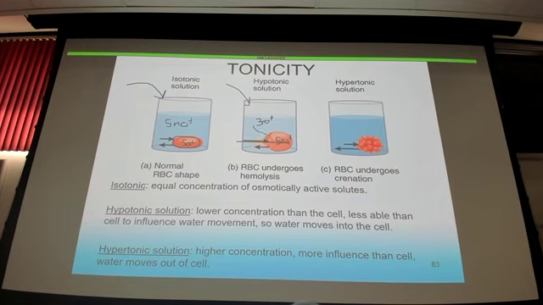And if that continues, that red blood cell could go through hemolysis, meaning it could burst. If there were so many osmotically active solutes inside of that cell, and you put a hypotonic solution there, the cell has a much higher osmotic pull. You can physically cause it to pull water in and burst.